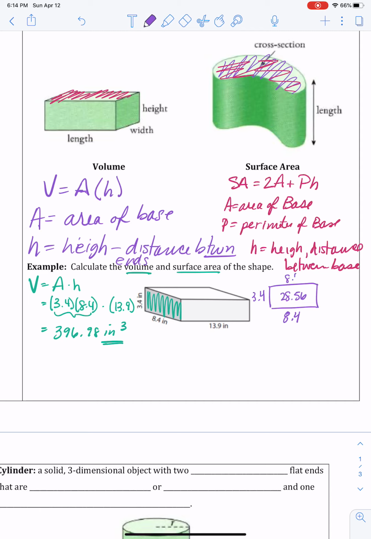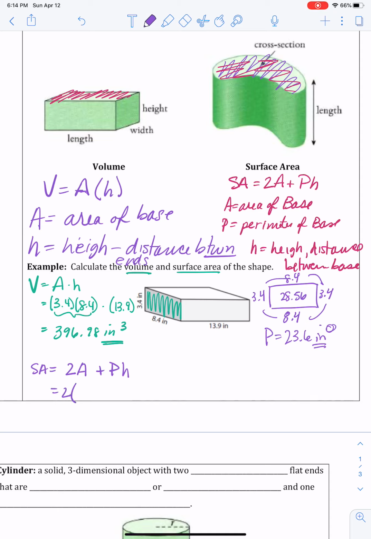And then if I need the perimeter, which I need for surface area, I just add them all up and get a perimeter of 23.6 inches. Remember, that's a one-dimensional measurement, so it's got no exponent here. Then surface area is 2 times the area of the base plus the perimeter of the base times the height.